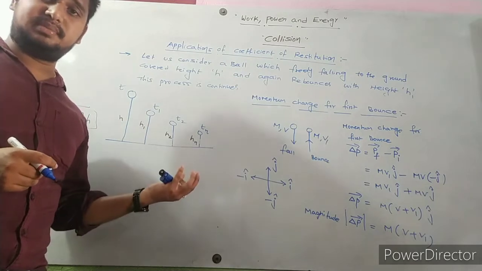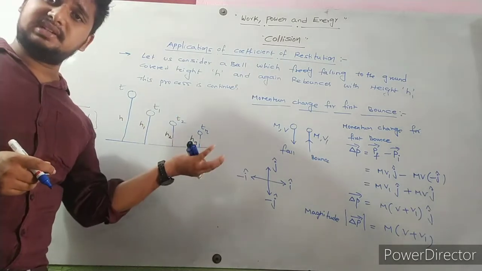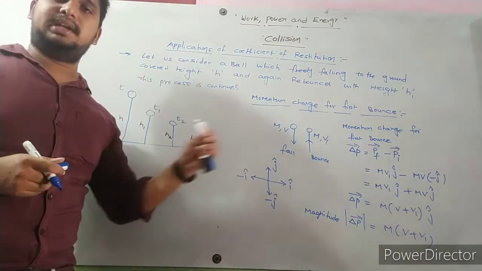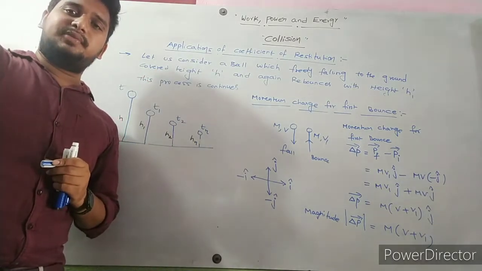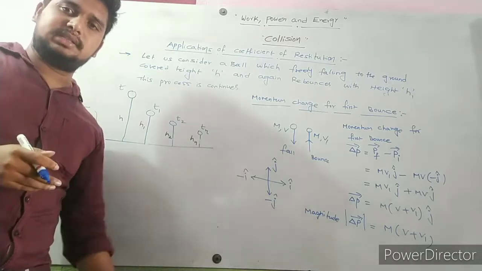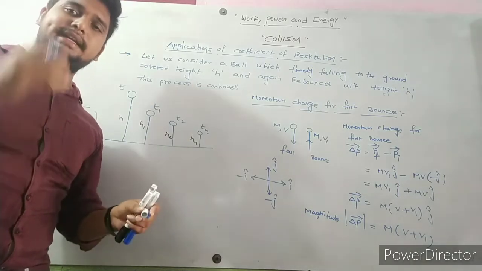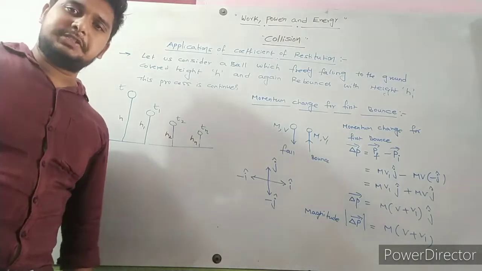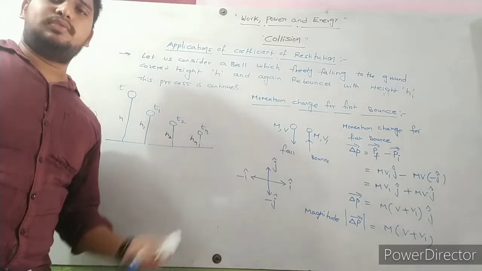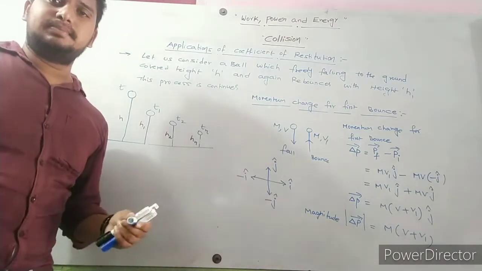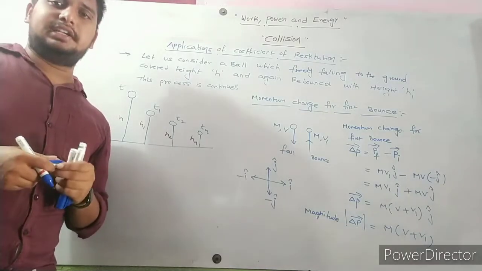Similarly we need to find the momentum change for the second bounce, and similarly for the nth bounce. This is a very important application when a ball is freely falling from a certain height, hits the ground and again rebounds. This process is continuous before it stops bouncing. So we need to find velocity, height, time, relation with the coefficient of restitution.